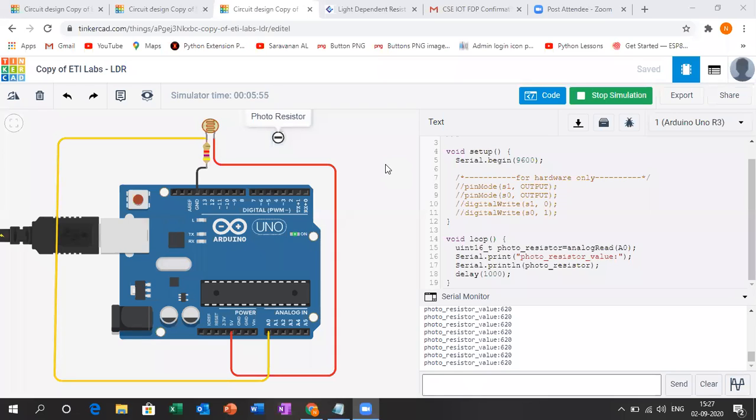So the value across that resistor, which we are printing on the serial monitor, will increase. Similarly, if you decrease the light intensity on the LDR, its resistance will increase, and there is more drop across the LDR compared to the resistor. So the voltage drop across the resistor will decrease, and the value printed on the serial monitor will also decrease.